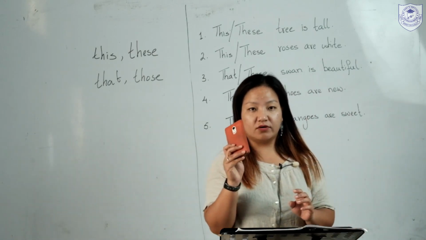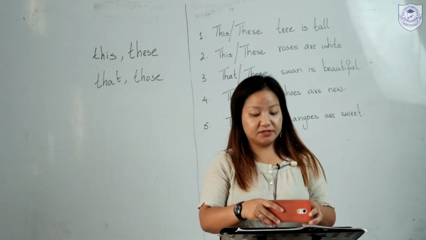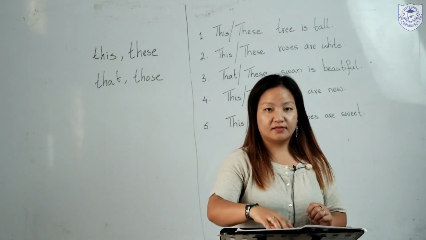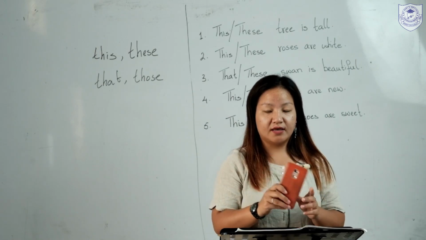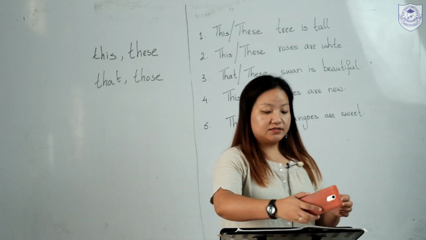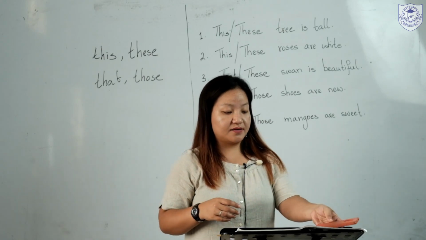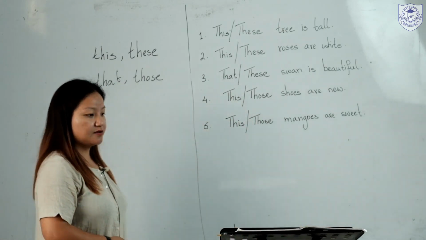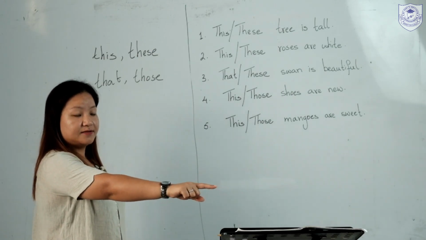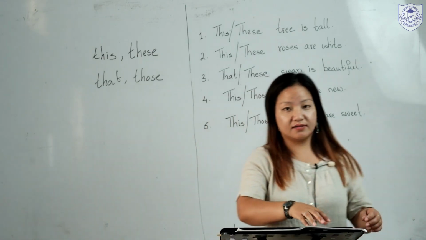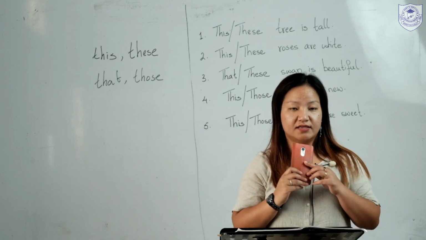Now this is a phone, right? So if I kept it here, I can say this phone, right? And then if it is a little bit far away from me, like I kept it here, and if I stand here I can say that phone. Do you understand? If I'm near my phone, then I can say this phone.